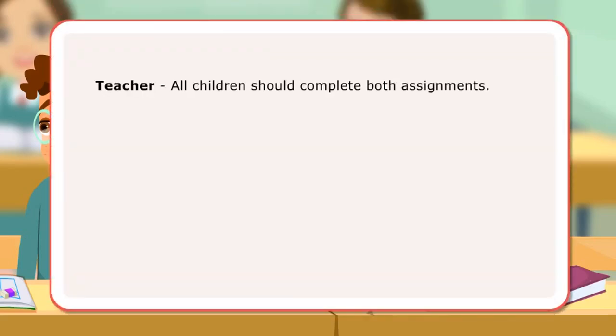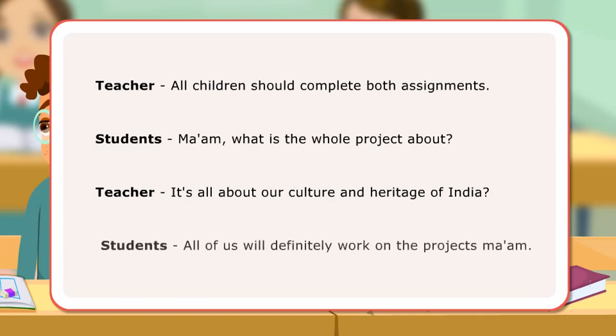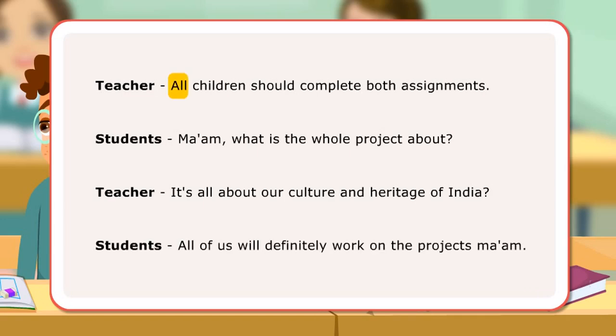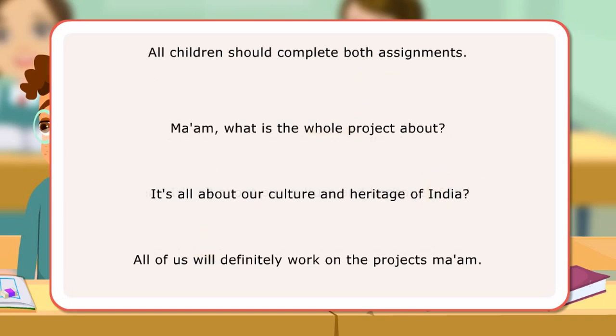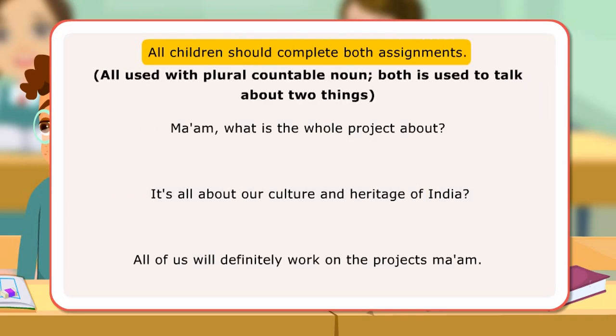In the conversation, we come across determiners like all, of, both and whole. Here are some examples. All children should complete both assignments. All is used with plural countable noun, both is used to talk about two things.